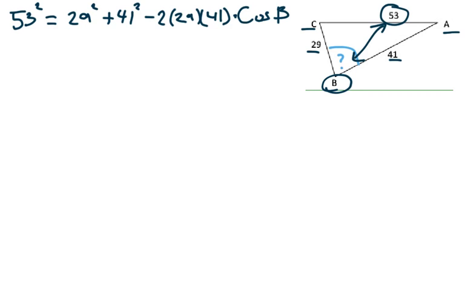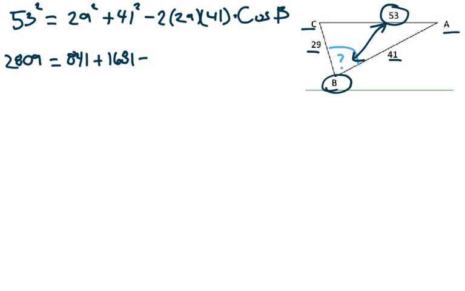Next step, let's do the calculations that they're asking us to do. So 53 squared, which is 2,809, is equal to 29 squared, which is 841, plus 41 squared, which is 1,681, and then minus 2 times 29 times 41.